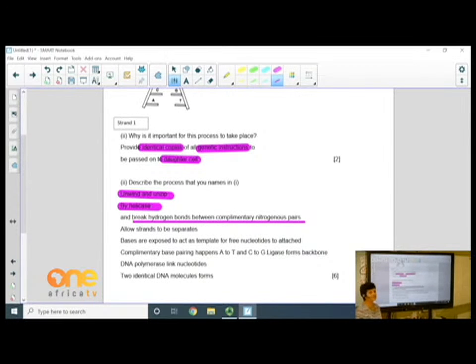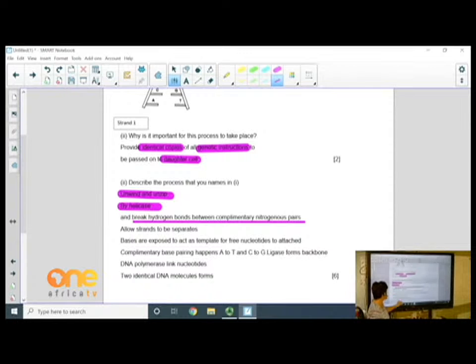You cannot just say the hydrogen bonds break, because unfortunately there are hydrogen bonds between other parts, inside the cytosine to make that cytosine circle. So the hydrogen bonds break between the complementary nitrogenous pairs. I need to know where the hydrogen bond is that will break.